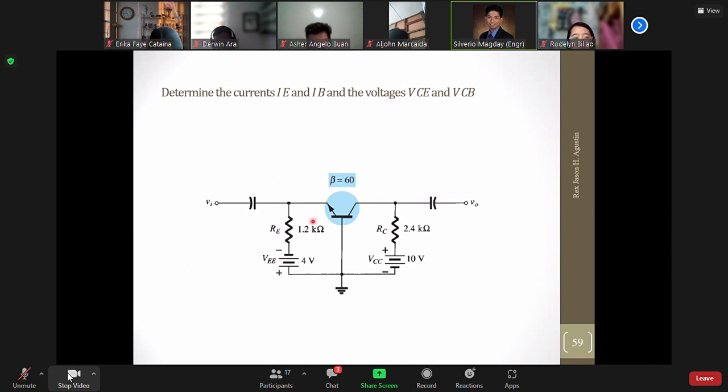Sa VCE naman, di ba dito yung sa VCE? So, yung sa loop mo, kunin mo dito, punta mo pa ganon. I go into the output. VCE, VBE.